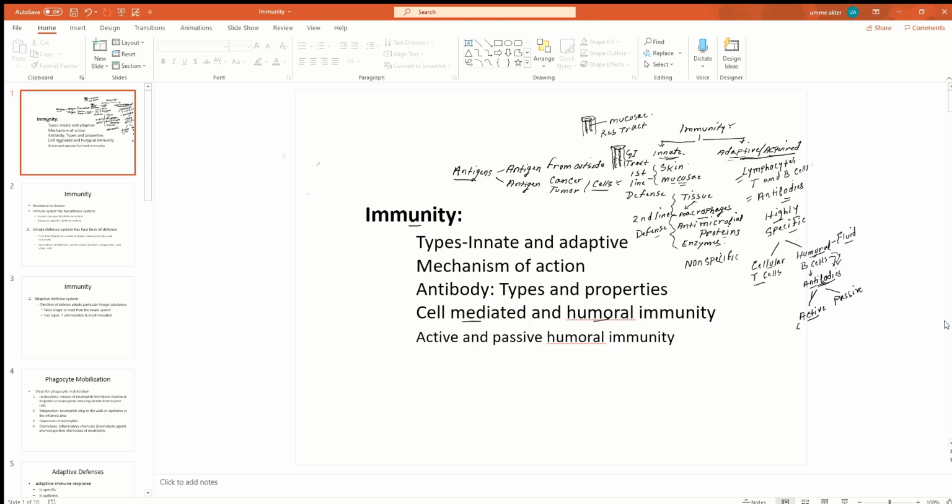So active means your body produces antibodies actively. When your body gets exposed to an antigen, that triggers the production of antibody in your body. Okay. Passive means your body is not actively producing antibodies. You are getting antibody from outside.